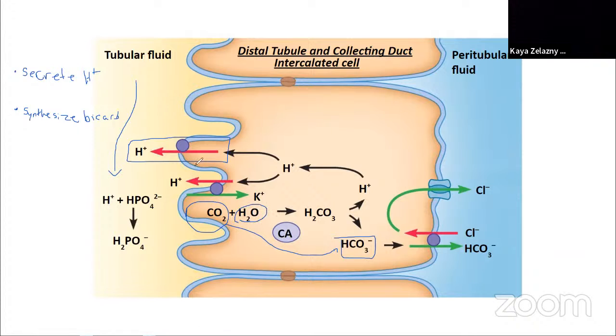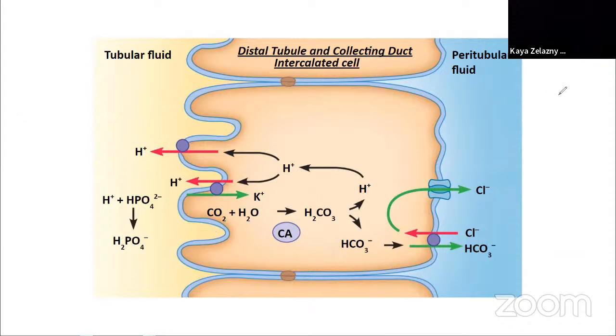Versus when we were reabsorbing bicarbonate, we saw CO2 and water as an intermediary step, but we started with some bicarbonate in the tubular fluid. So this bicarbonate ion that we have here was never a bicarbonate ion in the tubular fluid. It was just carbon dioxide and water. So it's a subtle difference when you look at these diagrams, but that's what's up.